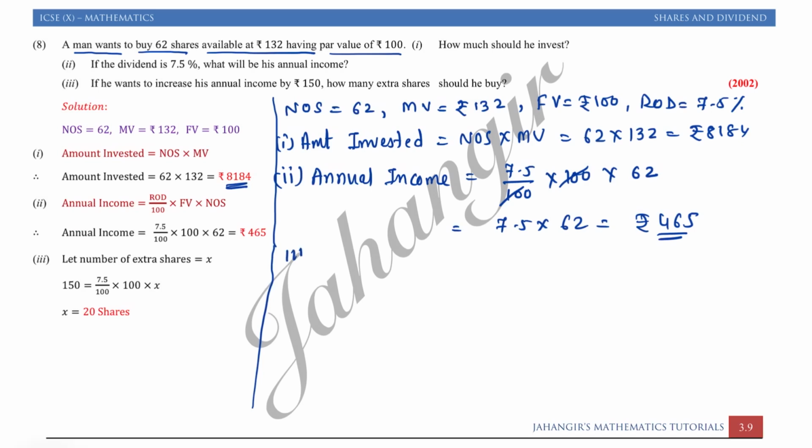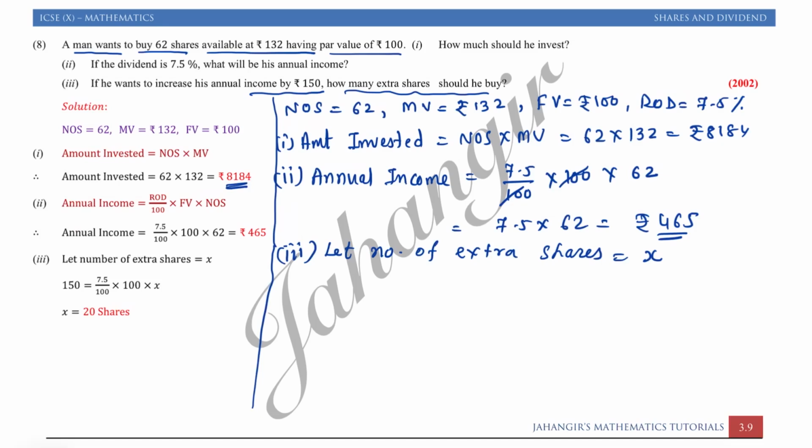Now the third part: if he wants to increase his annual income by rupees 150, how many extra shares should he buy? So to increase income by 150 rupees, he needs to buy extra shares. This type of question we had done in the exercise part, and I will explain the same thing again. Let the number of extra shares be X. 150 is the extra income on extra shares, because he wants income to be increased by 150.